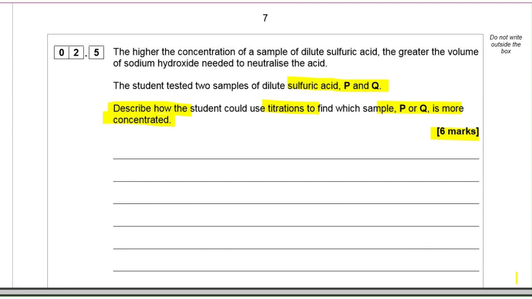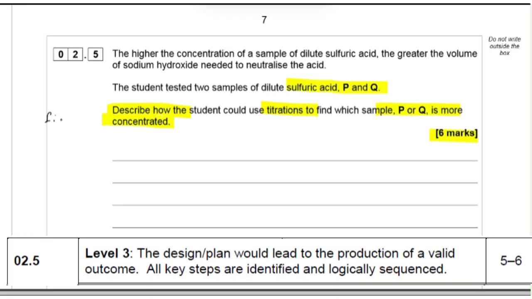And this is a 6-mark question. It's also a levelled response. So, to get level 3, which is 5 or 6 marks, the design plan would lead to the production of a valid outcome. All key steps are identified and logically sequenced.